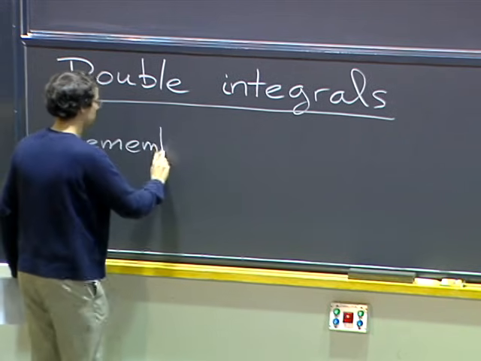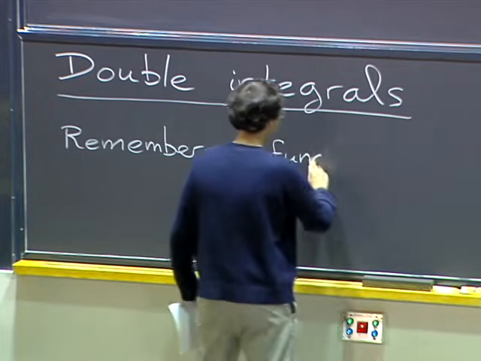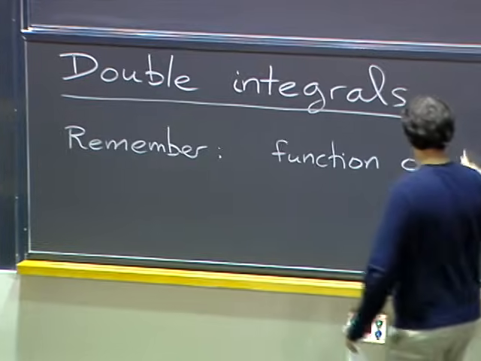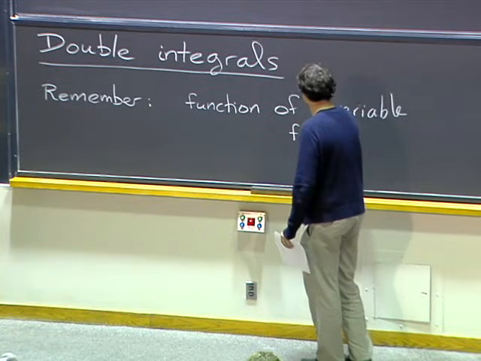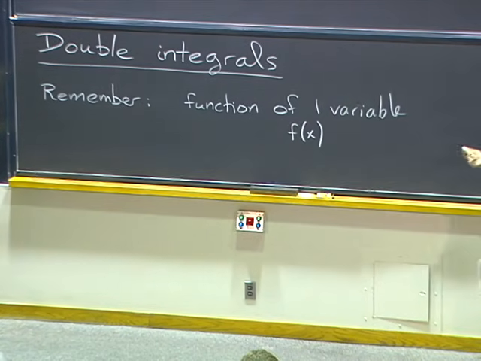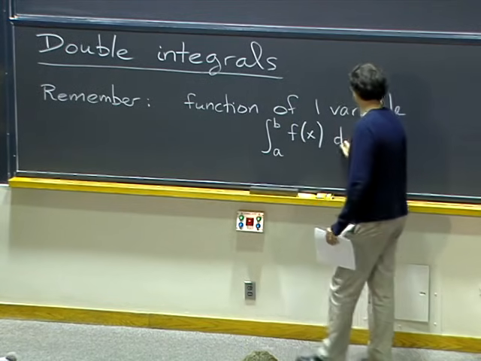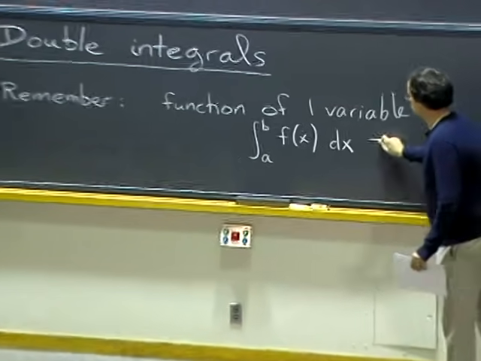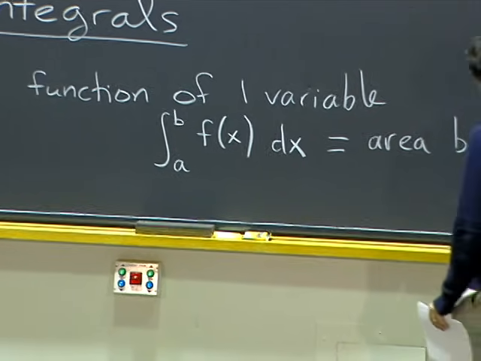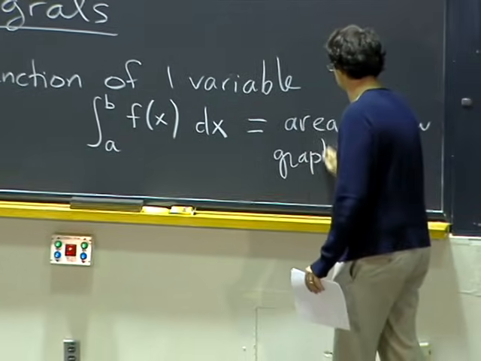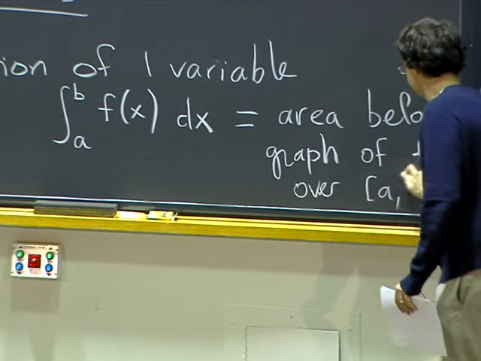Just to motivate the notion, let me remind you that when you have a function of one variable, say f of x, and if you take its integral from, say, a to b of f of x dx, well, that corresponds to the area below the graph of f over the interval from a to b.